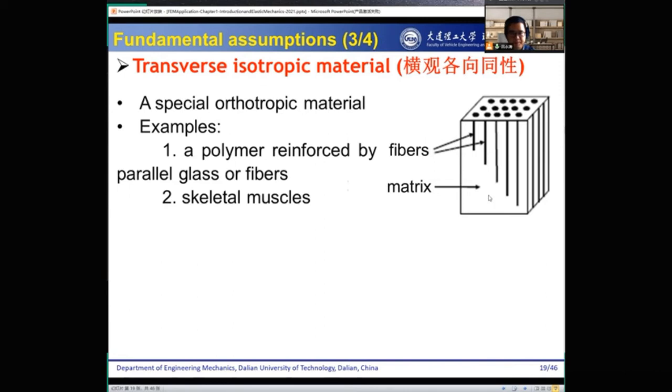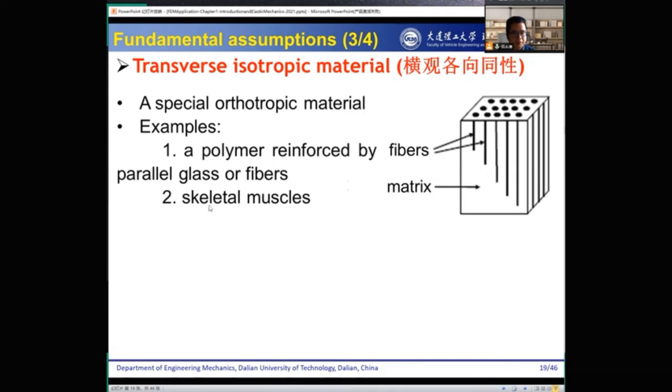This means the mechanical property along the fiber direction will be stronger than in the transverse plane or the transverse direction. And in the transverse plane, the mechanical property is the same in different directions. So the transverse isotropic material is a special orthotropic material, and there are different examples.